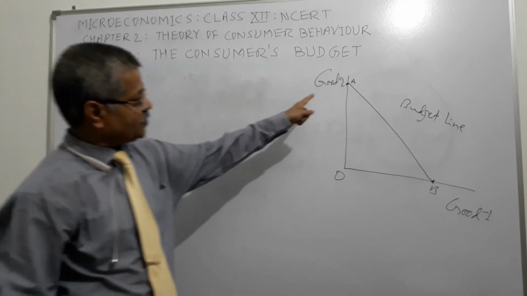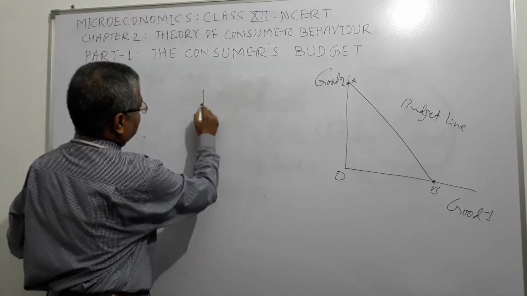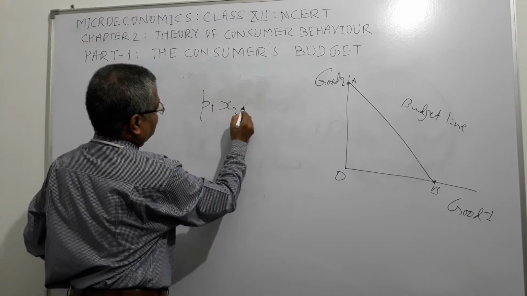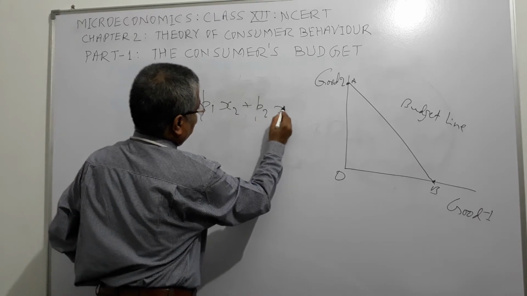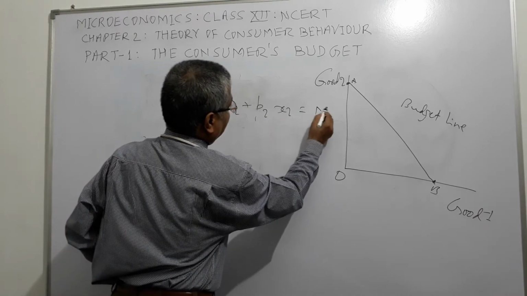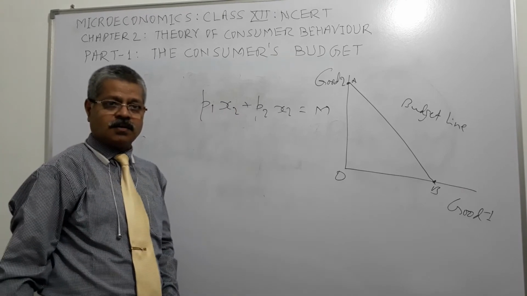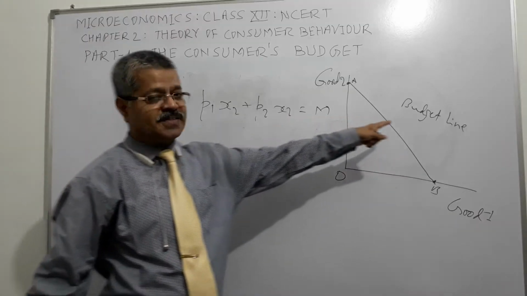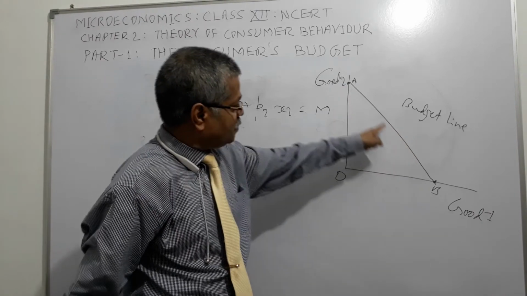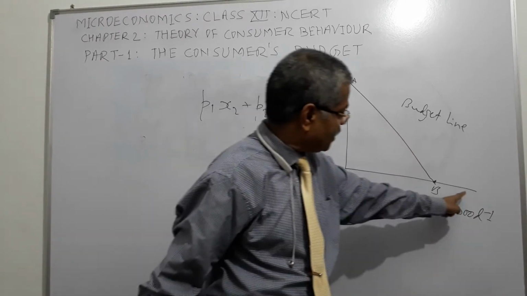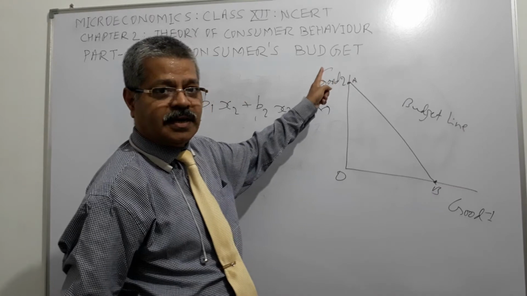So the equation of this budget line will be P1x1 plus P2x2 is equal to M. This is the budget line. This is the horizontal line, this is the vertical line.